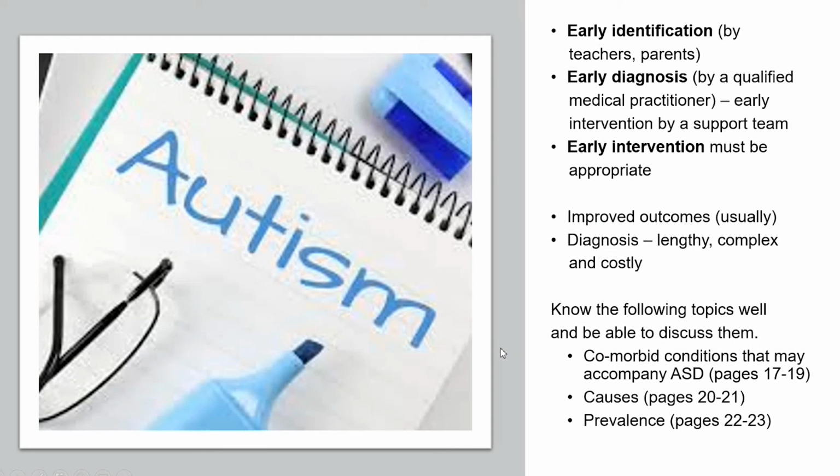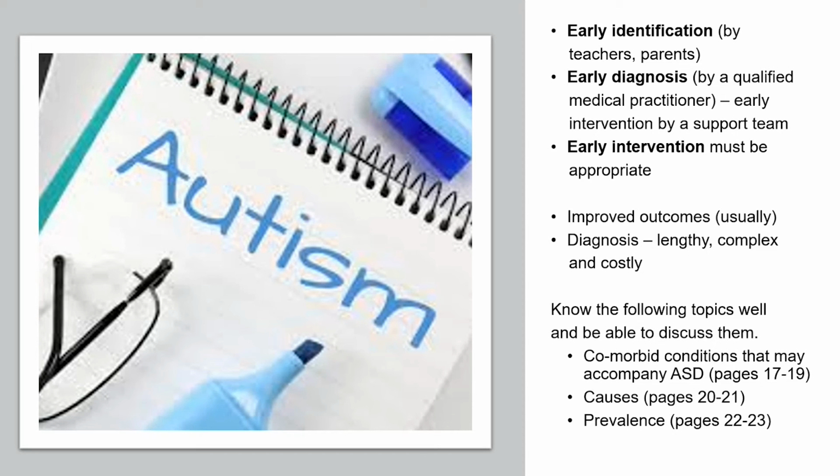So we know that the comorbid conditions that accompany an ASD diagnosis are complex. The comorbid conditions are discussed in your study guide from page 17 to 19. We also present the possible causes.